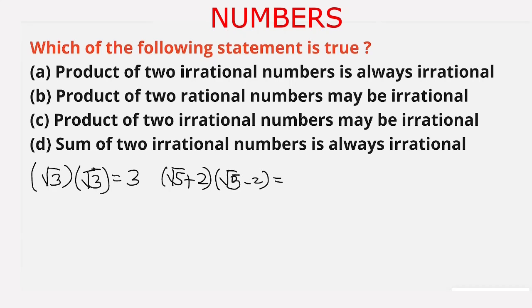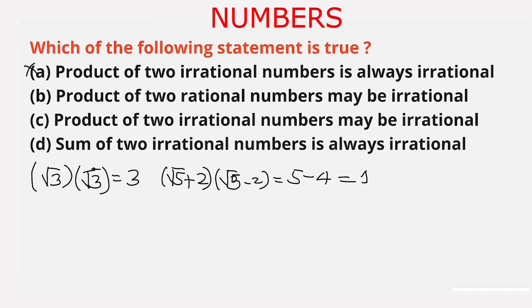This gives us the square of root 5, which is 5, minus the square of 2, which is 4. So 5 minus 4 equals 1. This is rational. Thus statement A, which says the product of two irrational numbers is always irrational, is not correct.